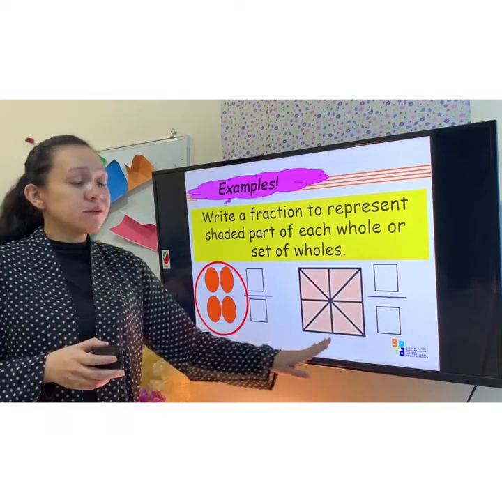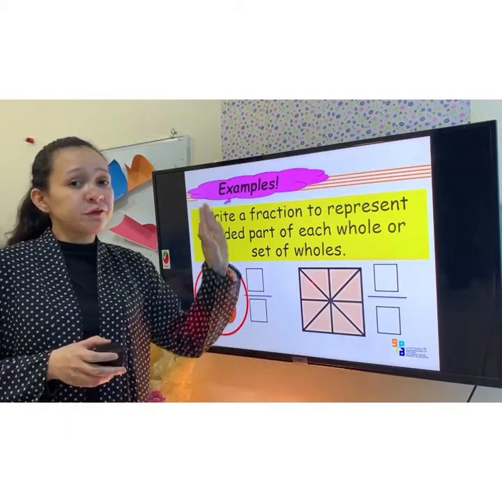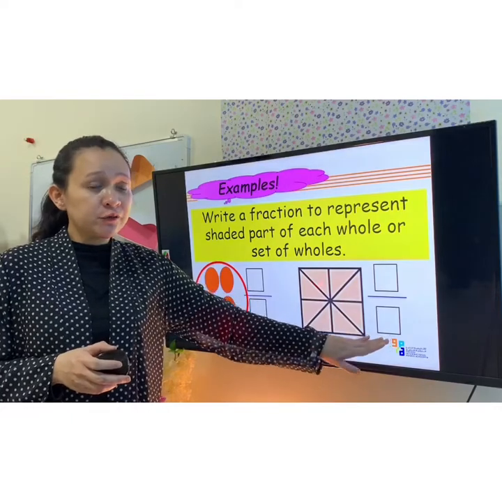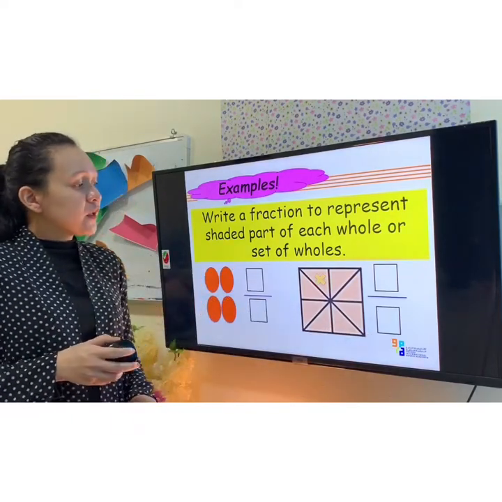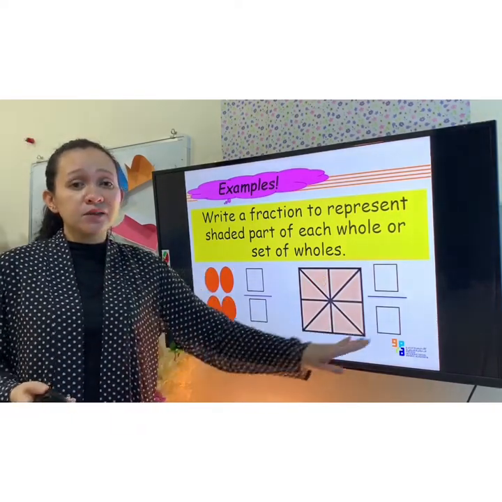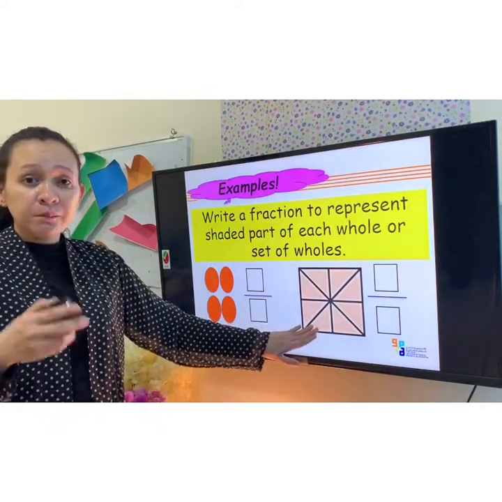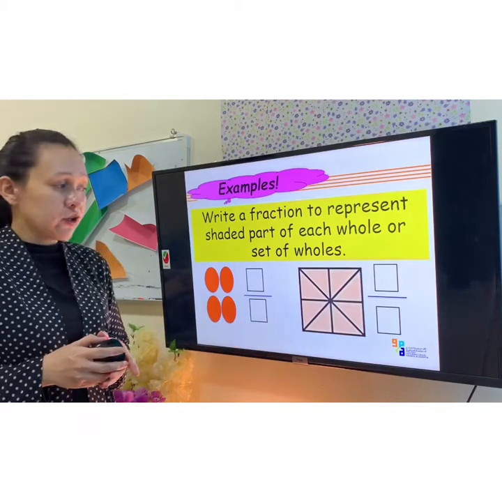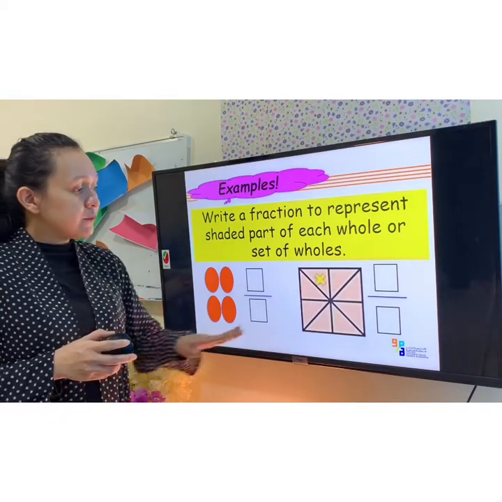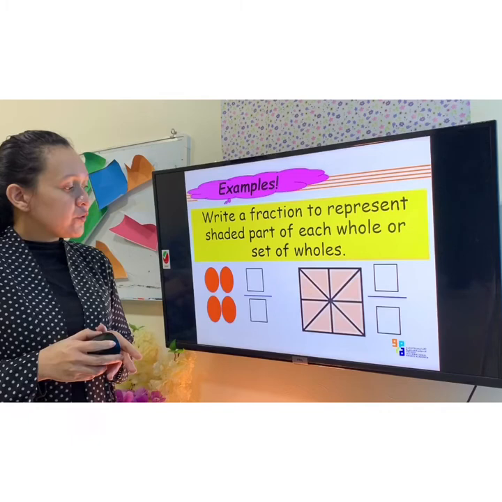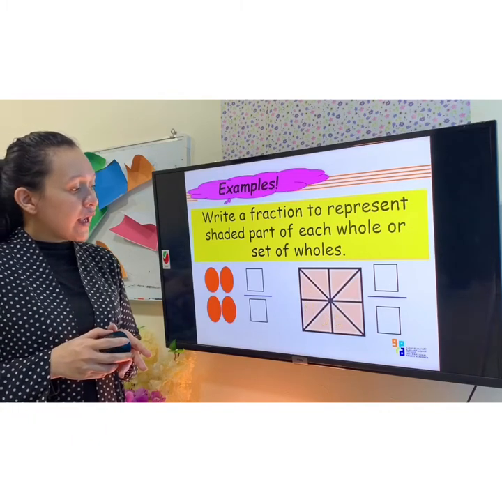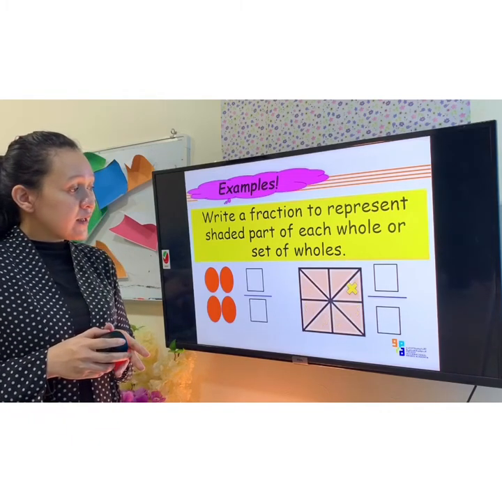Now we are going to answer this figure first, and we're going to find out the denominator first. So remember, when you say denominator, the total number of parts. We are going to count how many parts are on this figure. 1, 2, 3, 4, 5, 6, 7, 8.